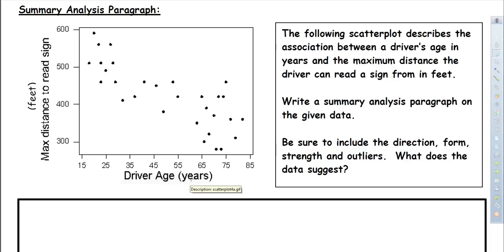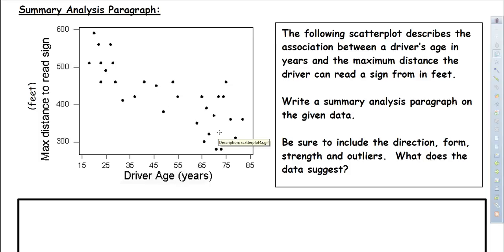So if we're looking at this, what's the direction appear to be? It looks like it's going down, so we can say that the direction would be negative. Does it appear linear, curvilinear? This looks like it follows a pretty decent line, right? It's going down in a line. That's direction, that's form. What about the strength? Would you say that this is a strong relationship, moderately strong, weak?